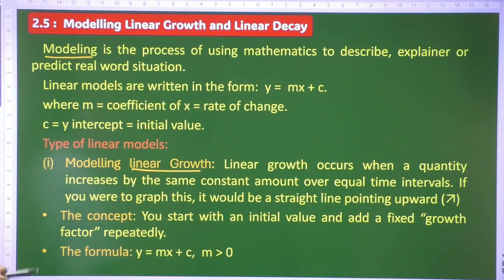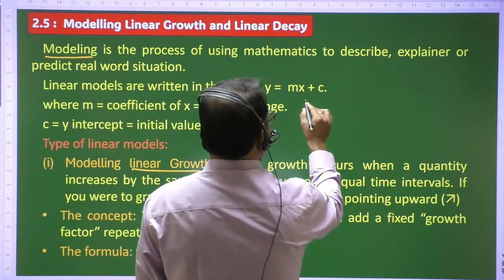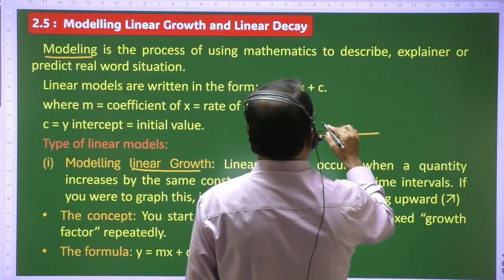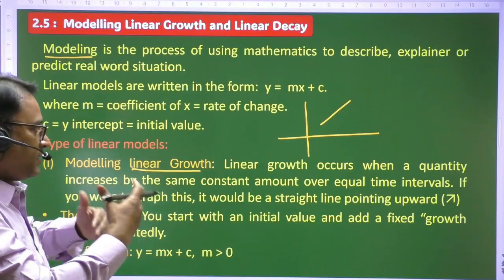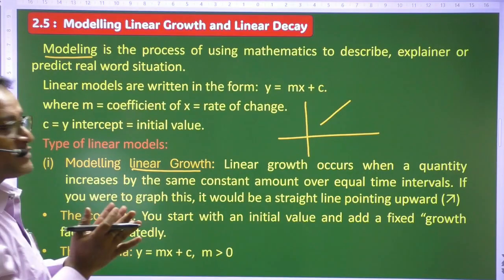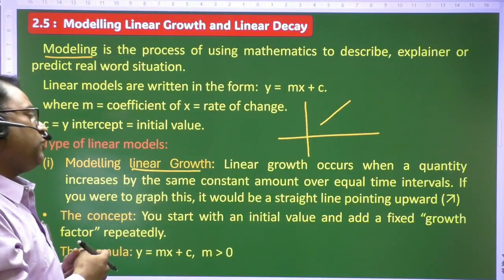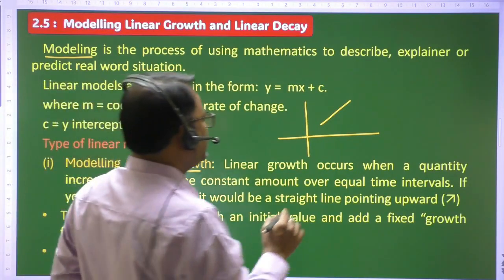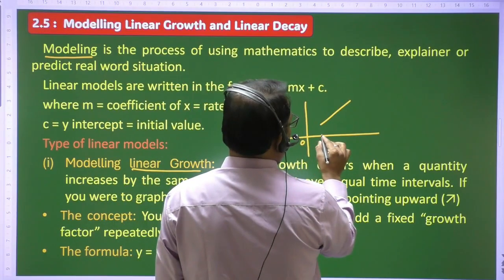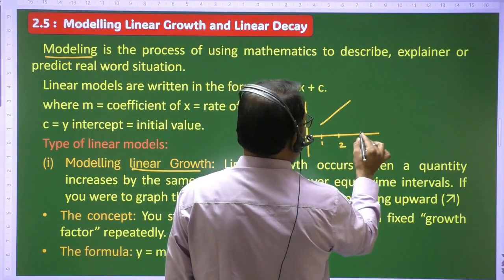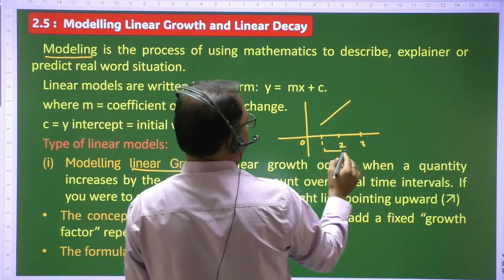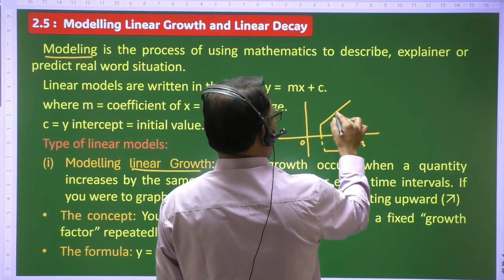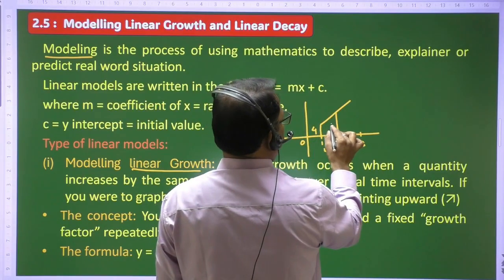In case of a linear growth, what does it actually mean? Suppose a quantity increases in such a way that the increment occurs constantly over equal time intervals. For example, from 1 hour to 2 hours to 3 hours. In a duration of 1 hour, suppose this height is 4 and this height is 6.